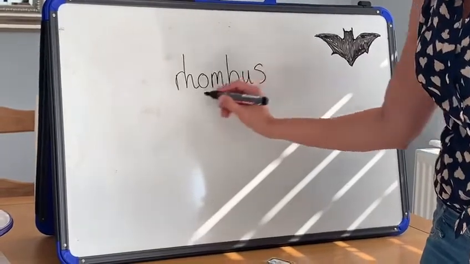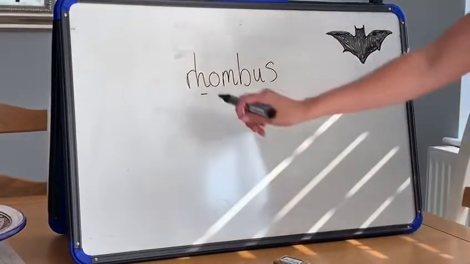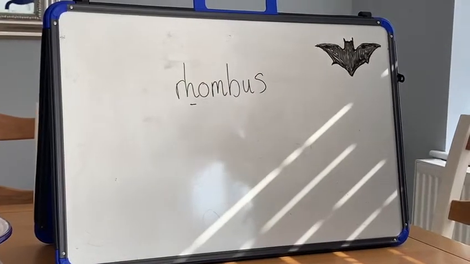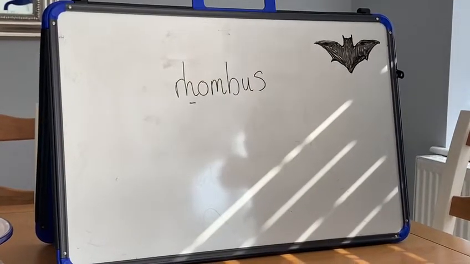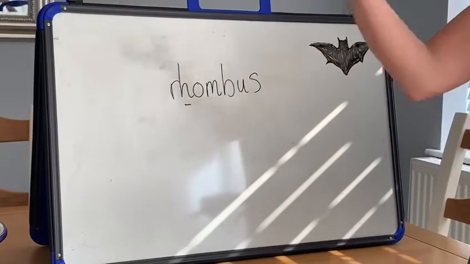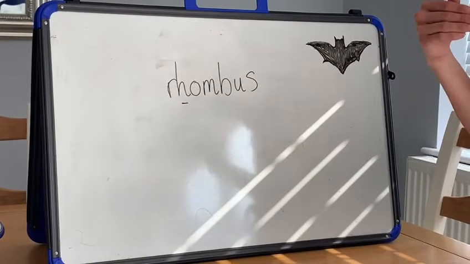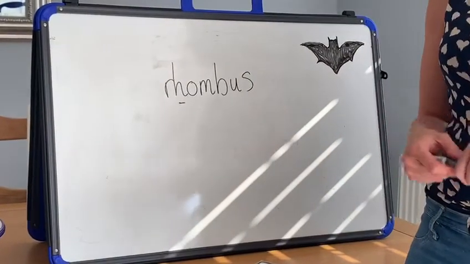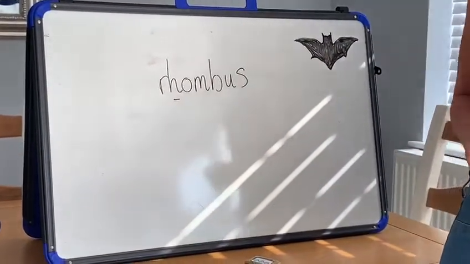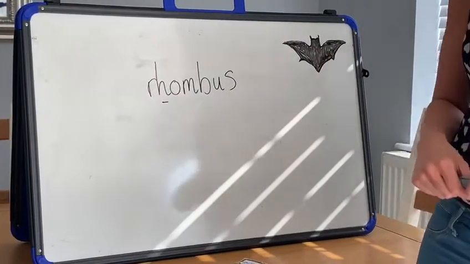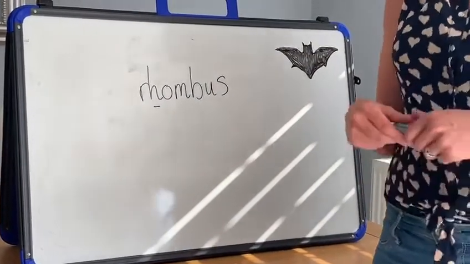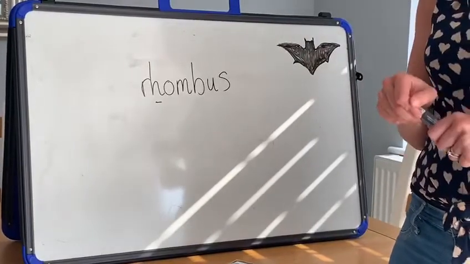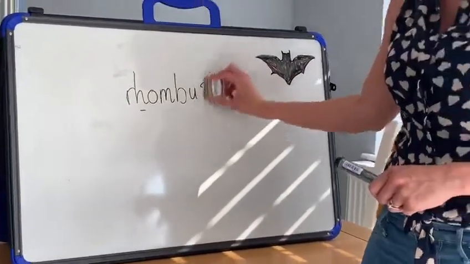Okay, so the silent H is the second letter here. There is no pattern really with silent H's, unfortunately. They might be at the beginning, they might be the second letter, they might be further into the word. So we really need to think about where they go and remember the spellings. So this, if I sounded it out, would be rhombus, but we don't say it that way, we just spell it like that.